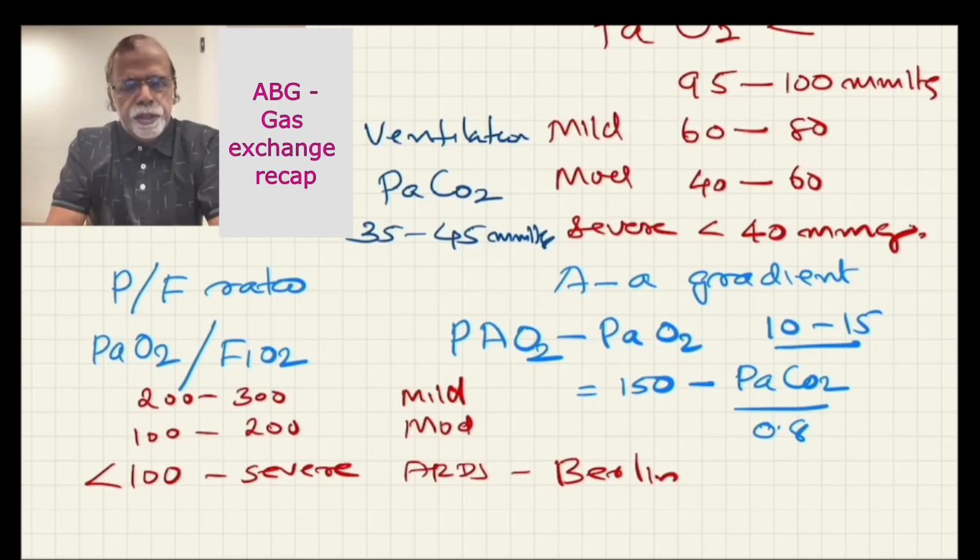When the carbon dioxide tension increases, that means there is hypoventilation. When the PaCO₂ is decreased, that is less than 35, it means the patient is hyperventilating. So hypoventilation and hyperventilation can be identified by looking at the PaCO₂. When the carbon dioxide is more, it is hypercapnia.